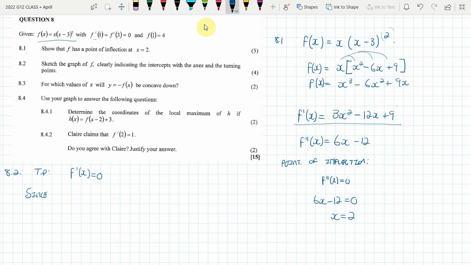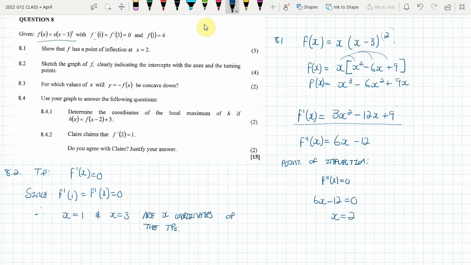Since f prime of 1 equals f prime of 3, and that is equal to 0, we can therefore say x equals 1 and x equals 3 are the x coordinates of the turning points.